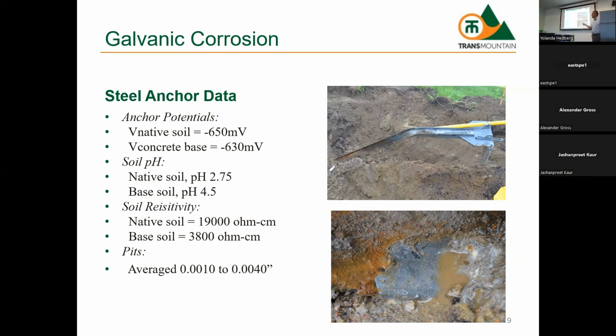The pH: the native would be around 4.5, but it was 2.75, the best I could get a sample right next to the steel, very acidic, because it was corroding, obviously. Soil resistivities would tell us how corrosive the soil environment is. And then it was obviously pitting, it was corroding, general corrosion, and it necked off right close to the concrete wall.